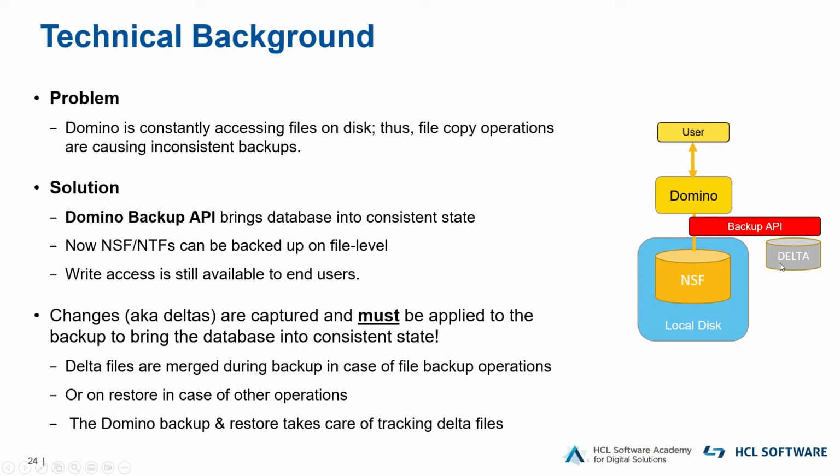And then if there is a Delta file, the Delta file also needs to be copied back. And then the Domino backup application, in this case the restore component, has to combine the Delta information into the NSF. This is really an essential part. And this is really where you need a backup application with a restore component that takes care of this automatically. And it's important to know that this happens behind the scenes, but in many cases, you don't need to deal with it at all on your own.